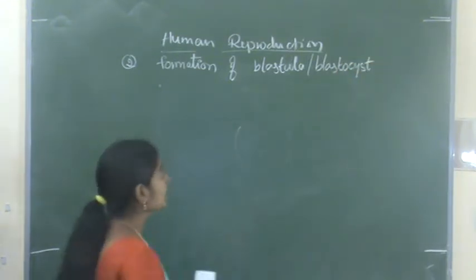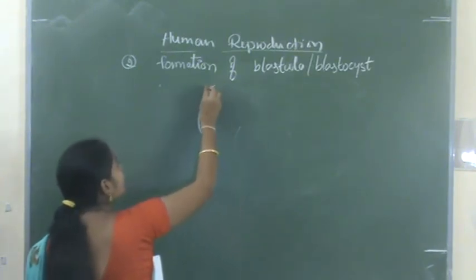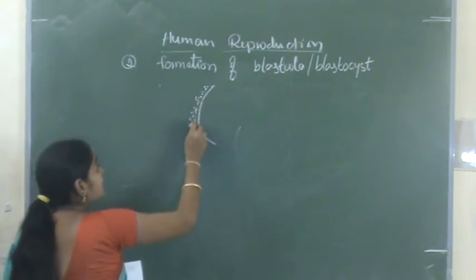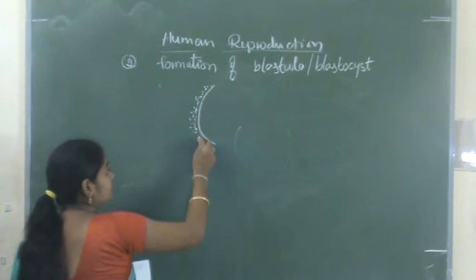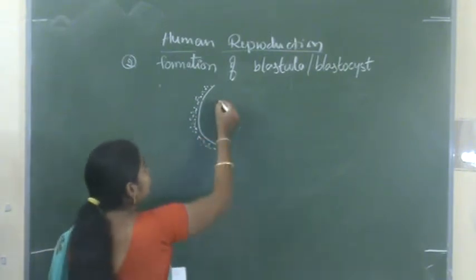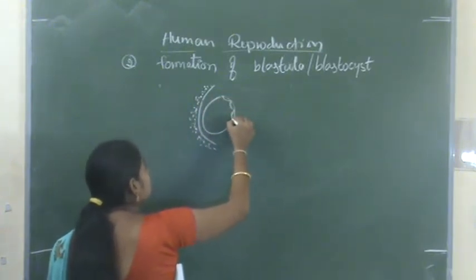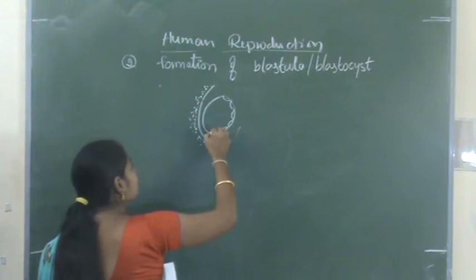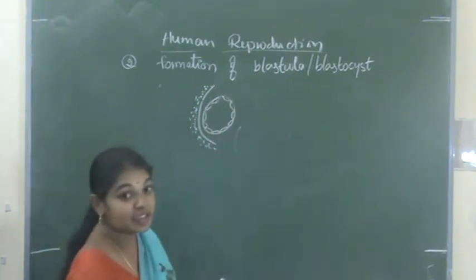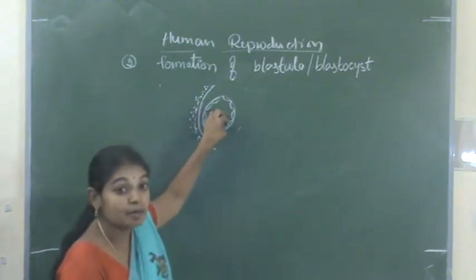Blastocyst. Here what happens is that the endometrial fluid enters into the morula. For that there should be some space, so for this fluid there must be some space in the morula.